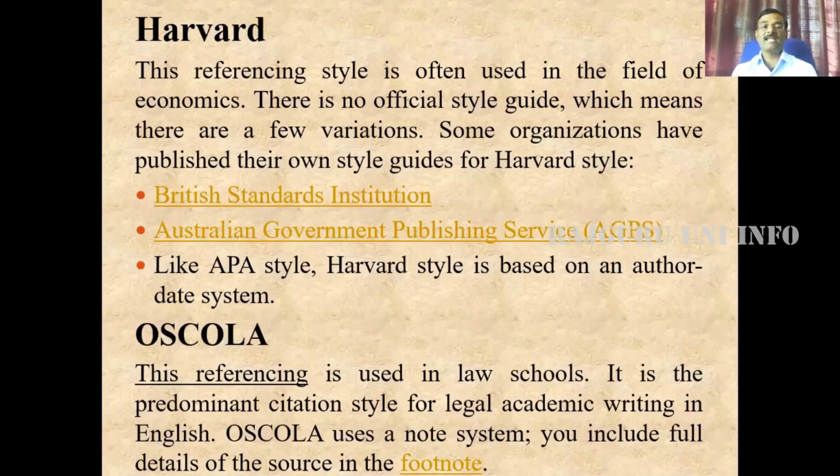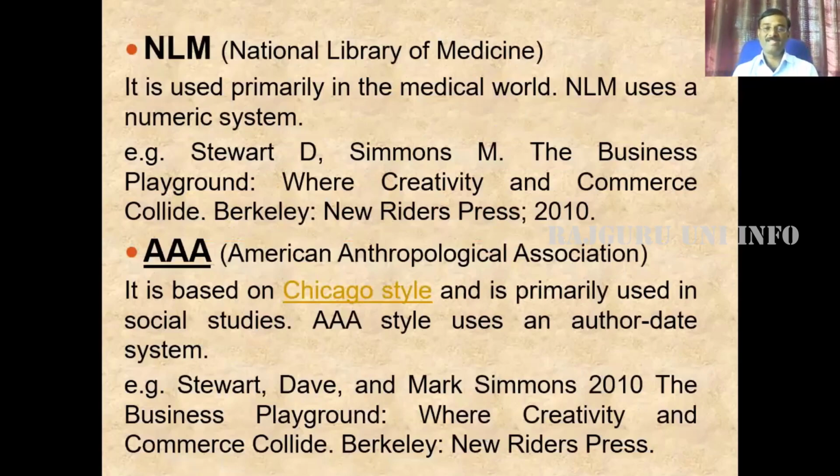Another important style is OSCOLA, and this OSCOLA referencing is used in law schools. It is a predominant citation style for legal academic writing in English. OSCOLA uses a note system. You include full details of the source in the footnote itself.